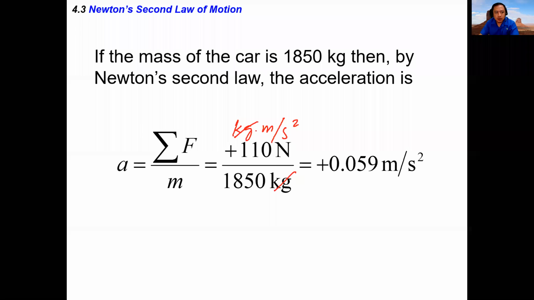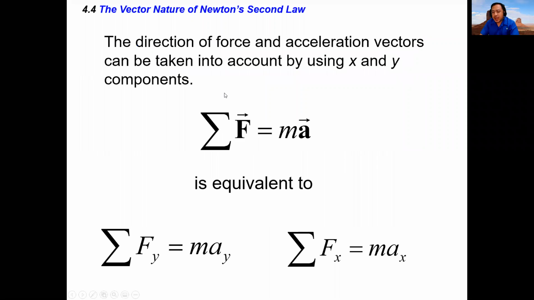Okay, we'll proceed to the next. Take note, it's emphasized that the direction of the force and acceleration vectors can be taken into account by using x and y components. So here, the summation of F along y and along x is equal to ma.